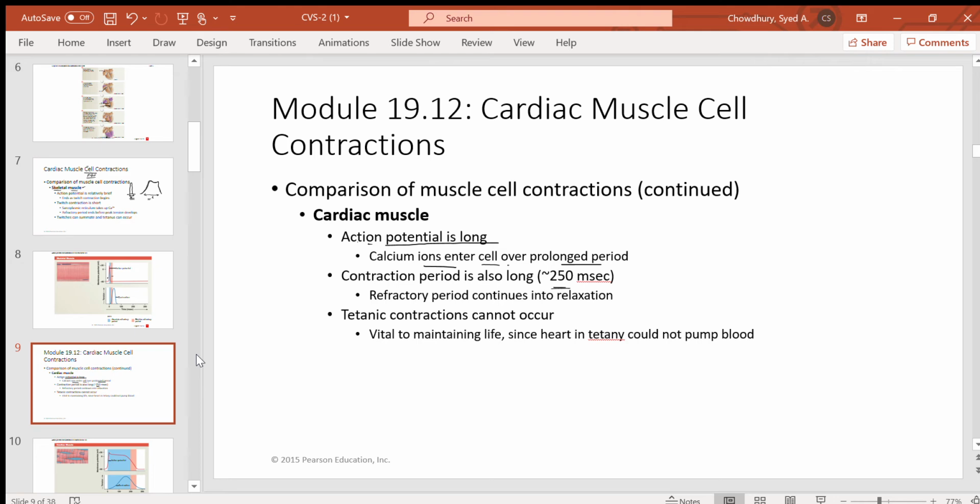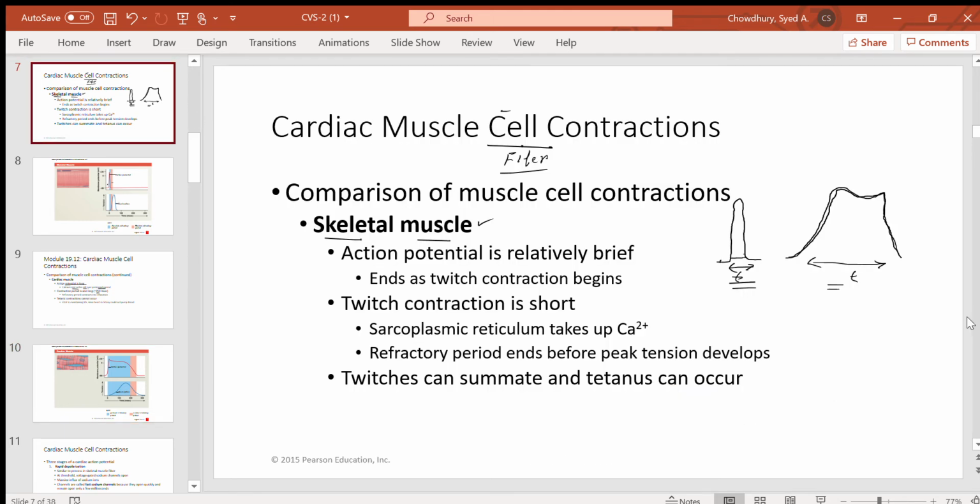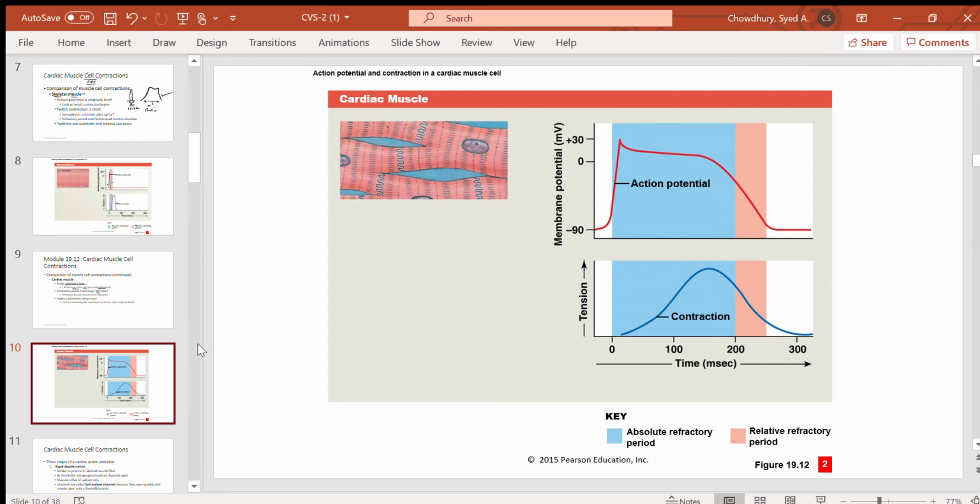Now here you see what I showed you in the previous picture. This is cardiac, right? So this is cardiac muscle contraction, this is skeletal. You can see the cardiac muscle action potential has been shown here.